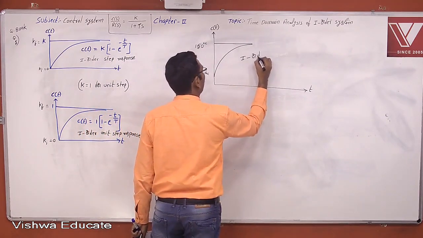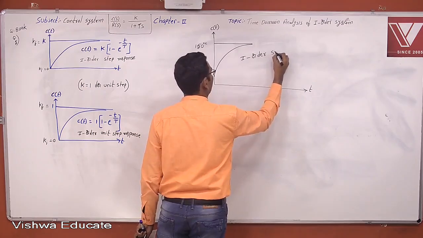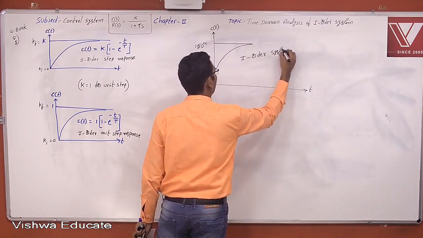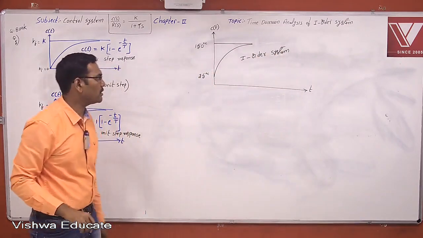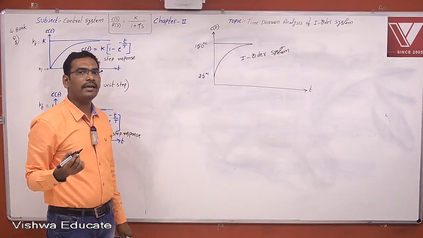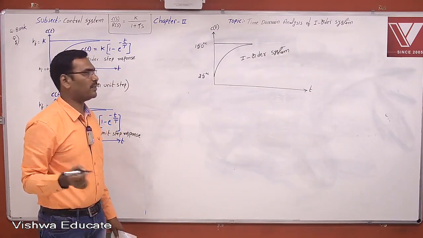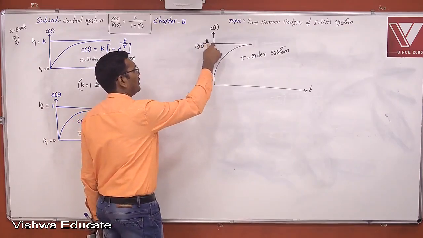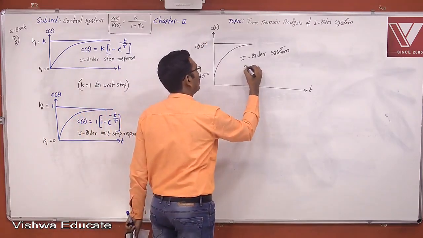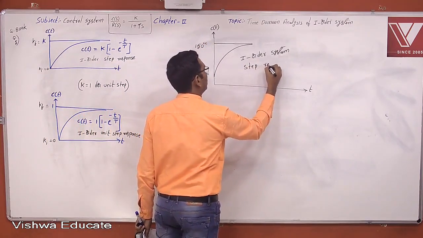First of all, no confusion, it is a first order system. Now we have to identify unit step response or step response. What is the reference level? The reference level is 150. Therefore, no doubt this is the first order step response.